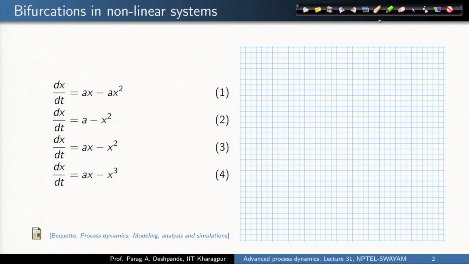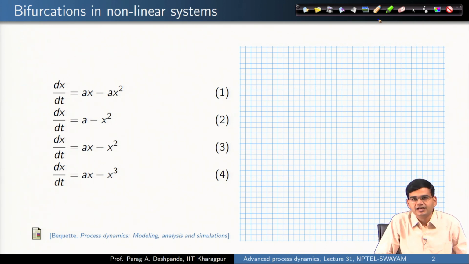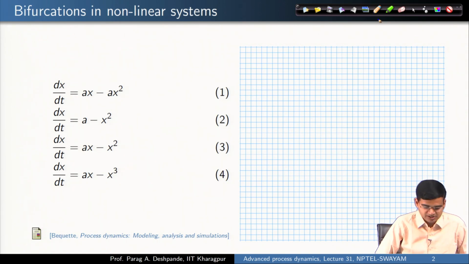For example, in the first equation you have a x minus a x squared, and in the second equation you have x a minus x squared. Then going to the third equation you get a x minus x squared, and then in the fourth a x minus x cubed. So, they look very similar, but we will see very soon how they are very different in terms of their dynamical behavior.